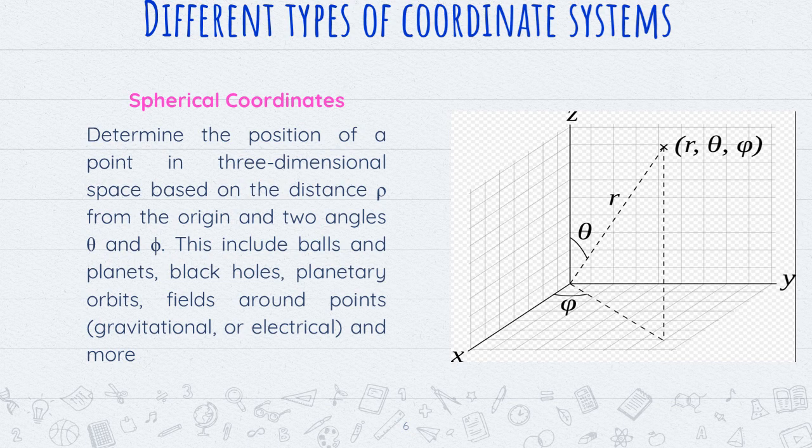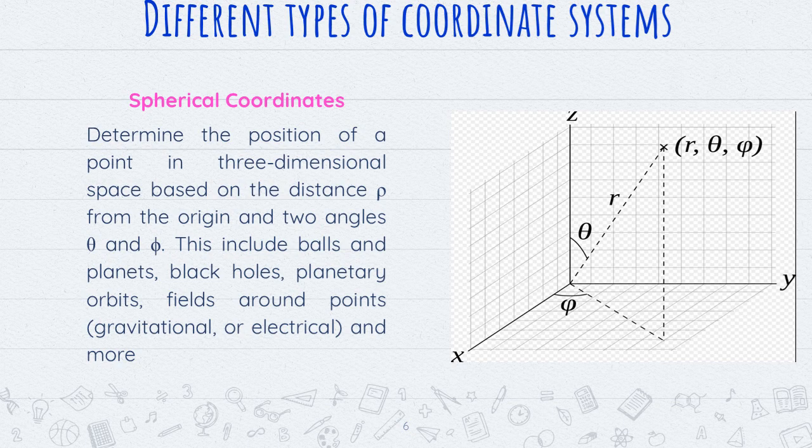Here the constant r surface, constant theta surface, and constant phi surface intersect at a point. Now we can further discuss the ranges. The radius r varies from 0 to infinity because it is a radius.